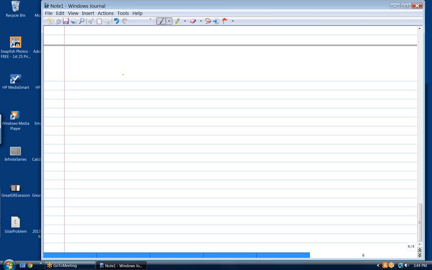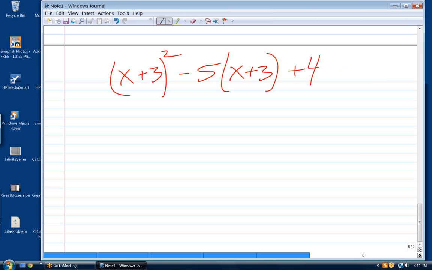So x plus 3 in parentheses squared minus 5 times parentheses x plus 3, plus 4 equals 0. Okay, work me through it. Okay, so I guess I'll use z maybe.